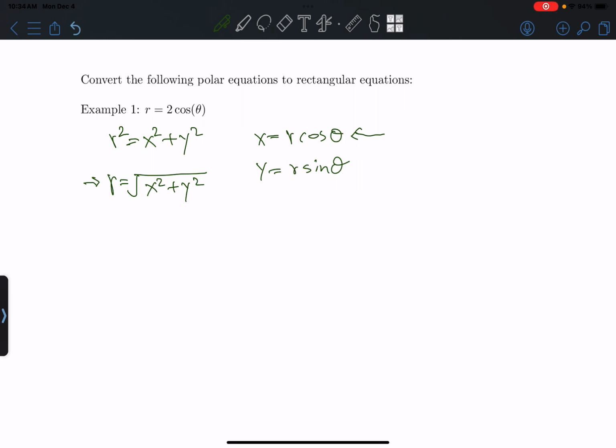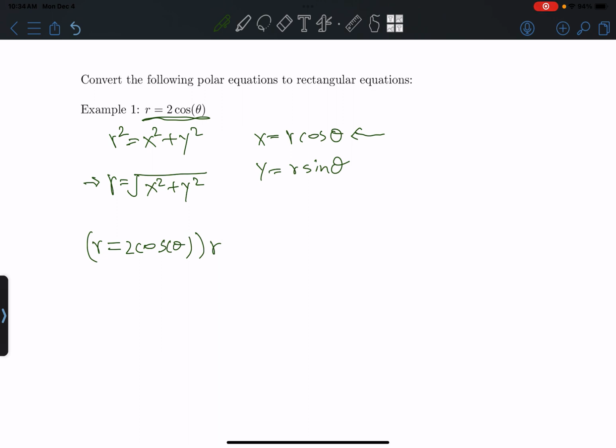So there's an easy way of doing that. Instead of working with this function directly, I'm going to take this function and multiply the entire equation by r. Basically multiply both sides by r.